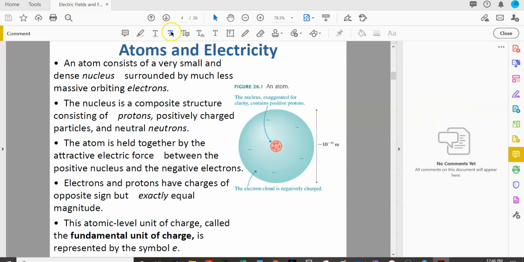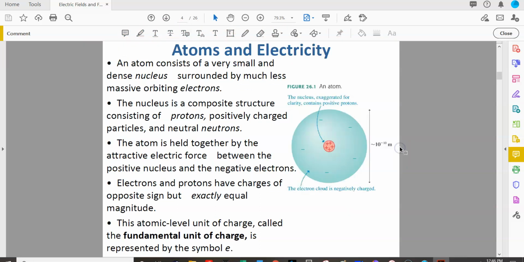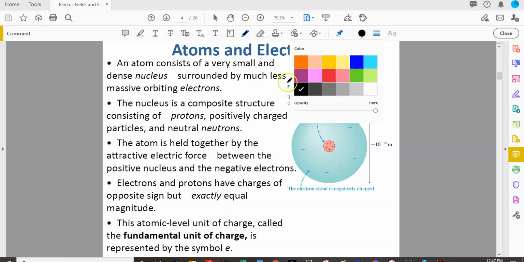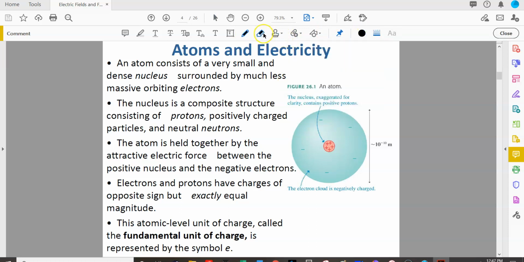Now you'll notice when you do that, all these tools come up. I'm going to push this back into place, and now we have all these tools and our full screen. In these tools you have a pencil. If you click on the pencil, you can change the color to different colors. Here you have an eraser, and you can erase your drawings.